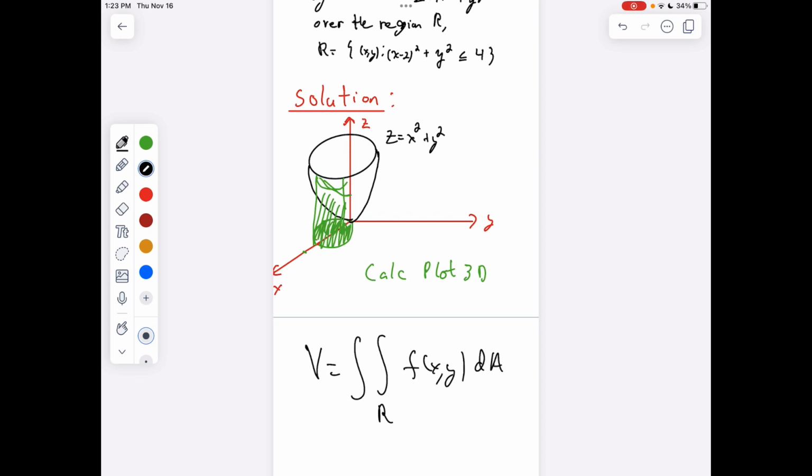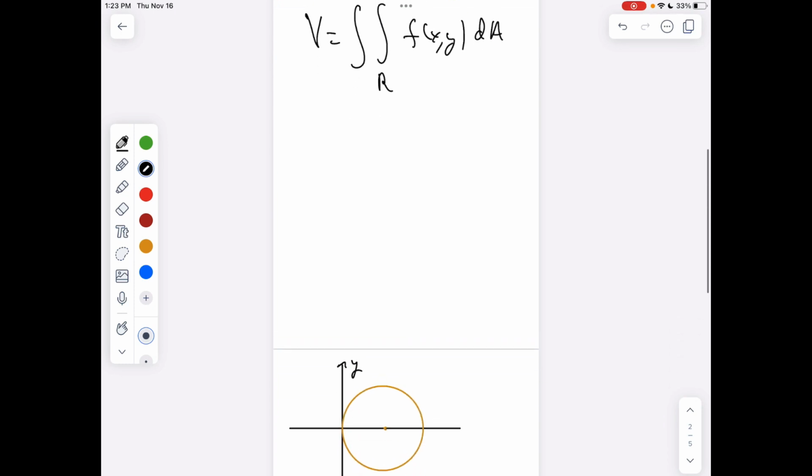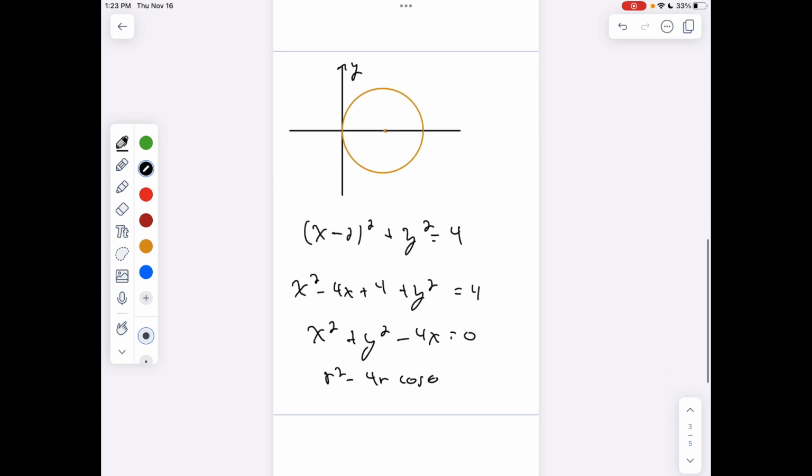The function could actually be positive or negative, but for the sake of argument, I'm just going to go with the fact that it's always positive, and that's what will apply here. The region we're integrating is over that circle, so that's what it would look like in 2 dimensions.